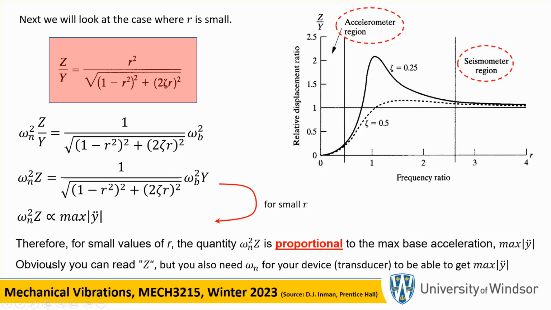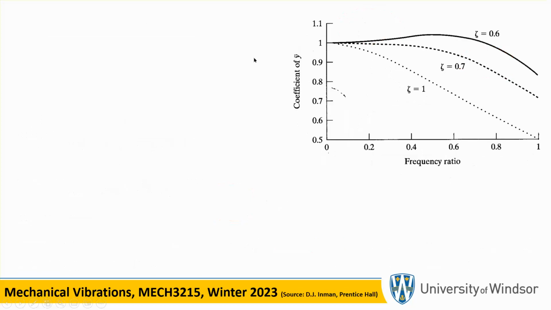Obviously you can read Z from the voltage, but you also need to know the natural frequency of your device to be able to find the acceleration of the base using data processing. Remember, our objective is to find the acceleration of the base with this transducer, which is an accelerometer.